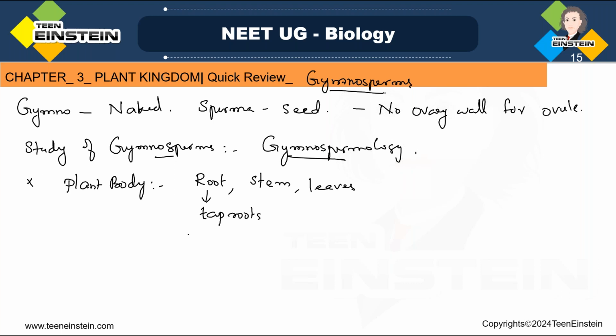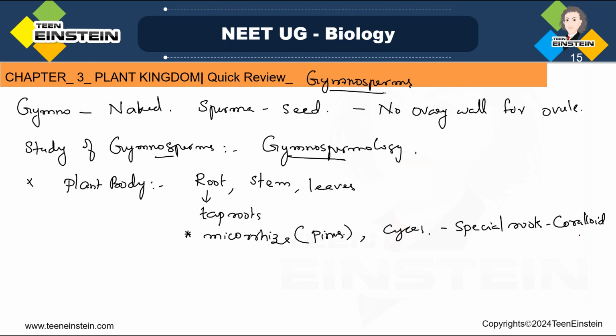This is mycorrhiza, which is a fungal association, and we can see this in Pinus. While in some others like Cycas, we can see some specialized roots, which are called coralloid roots.